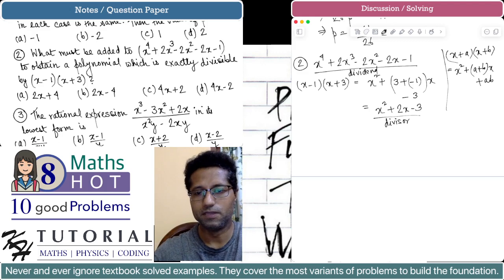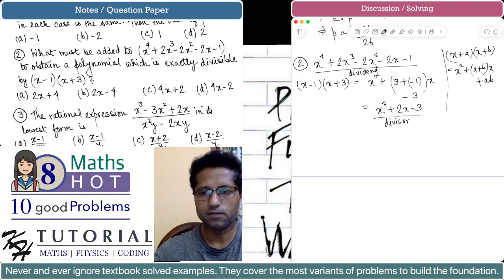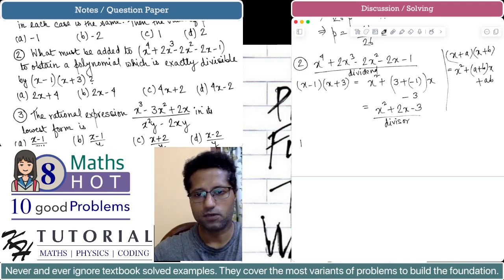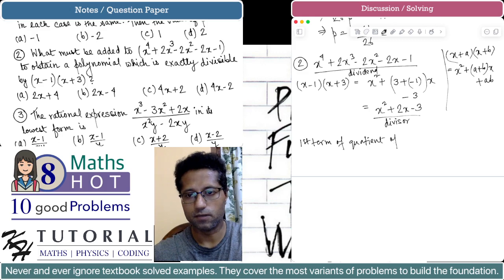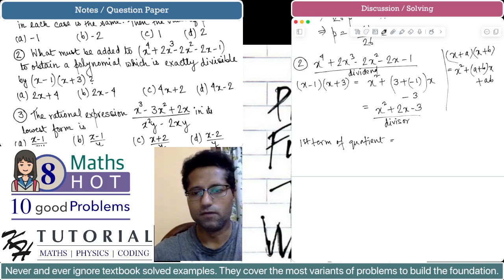So what will be the first term of the quotient in the long division method? The first term of the quotient will be equal to the first term of the dividend divided by the first term of the divisor. So this is equal to x square.